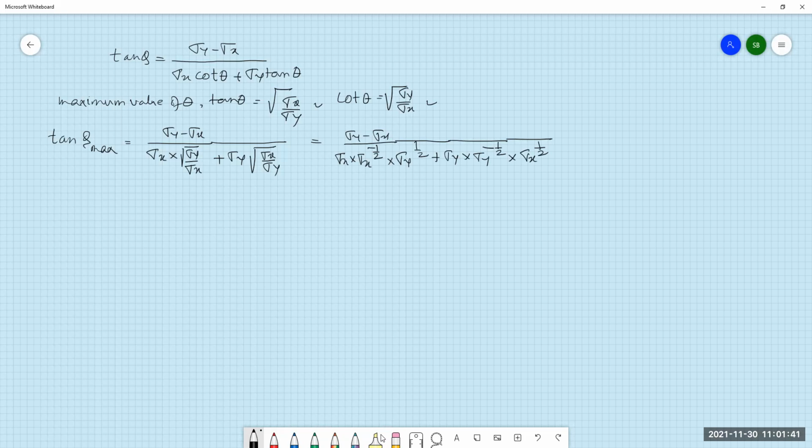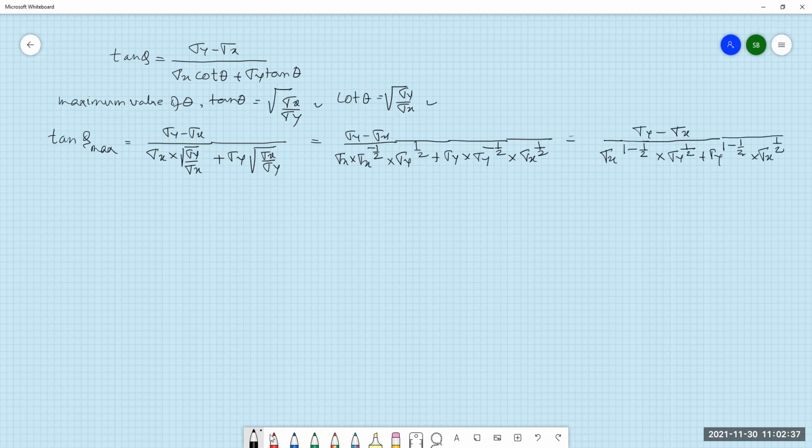So sigma x to the power 1 minus half multiplied by sigma y to the power half, plus sigma y to the power 1 minus half multiplied by sigma x to the power half.